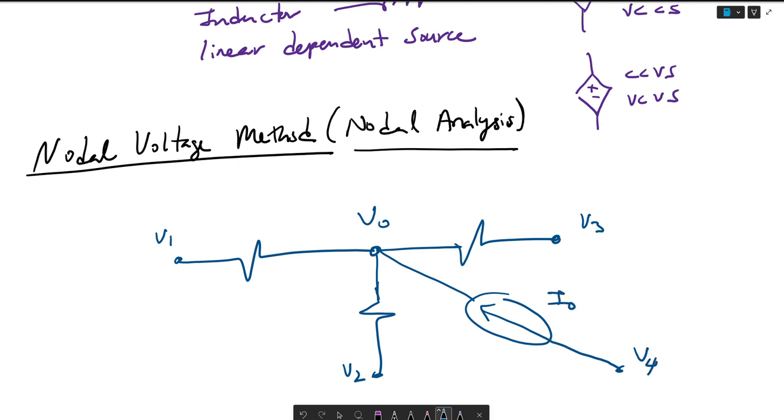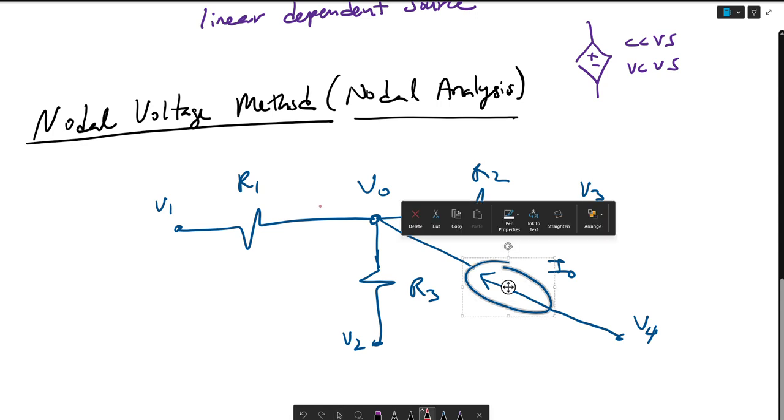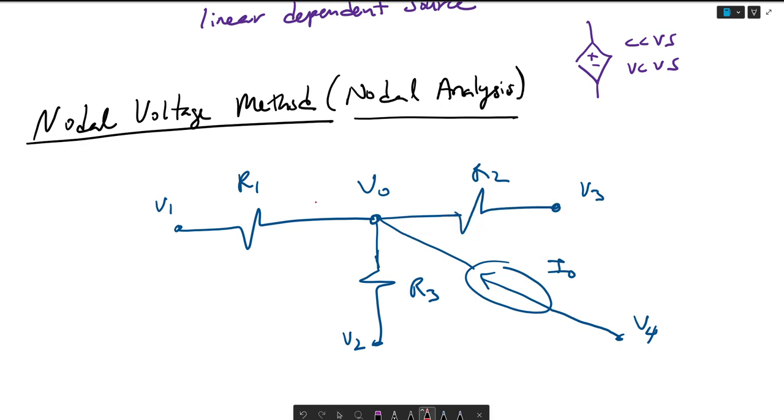This is IO. This is R1, R2, and R3. If you were given a circuit like this, you want to label the currents leaving the node you want to find. So I would label this as I1, this is I2, and this as I3.